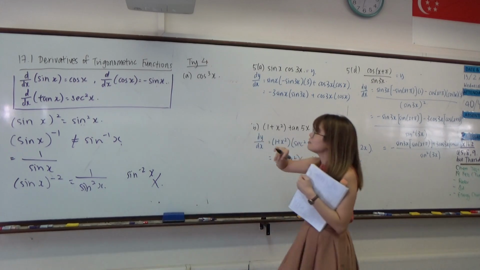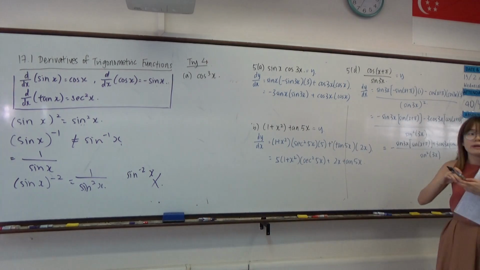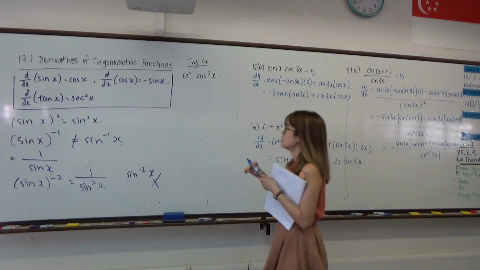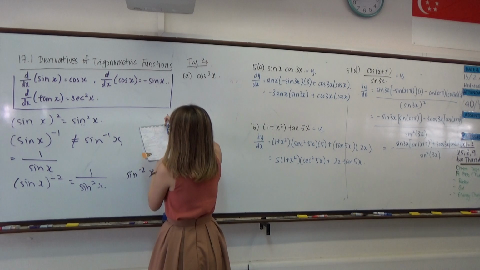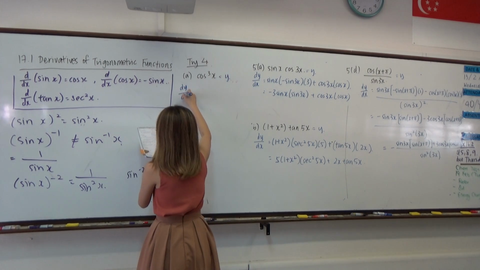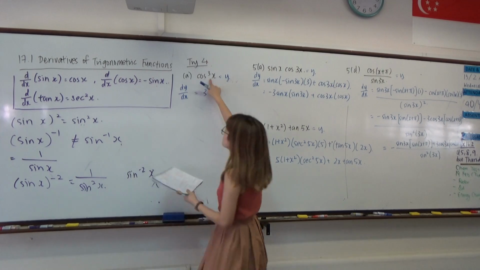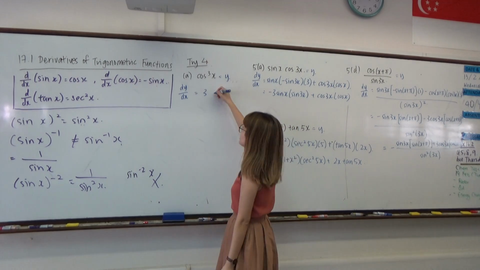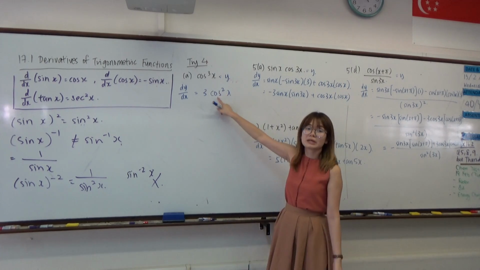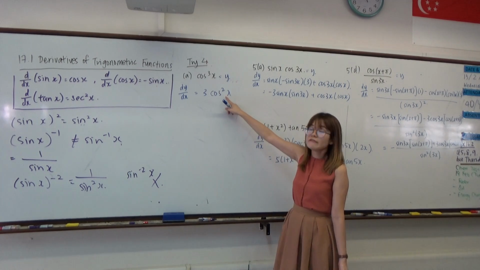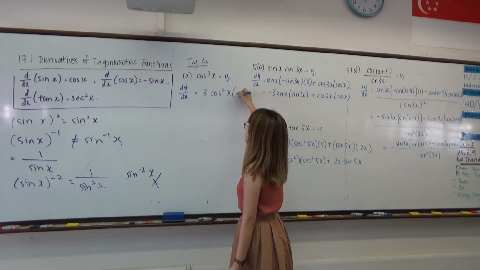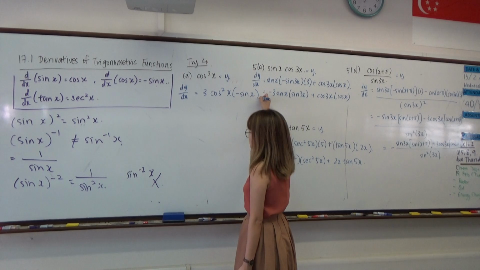Looking at try 4, if I have cosine cube x and want to differentiate this, understanding our power rule, we bring down the power, then minus 1 from the power, so it becomes cosine square x. Then don't forget we need to differentiate cosine itself, and that will be negative sine x.